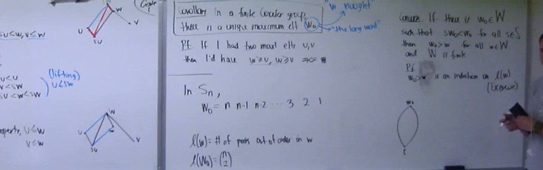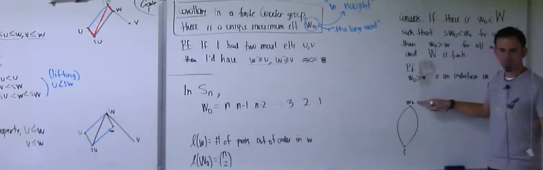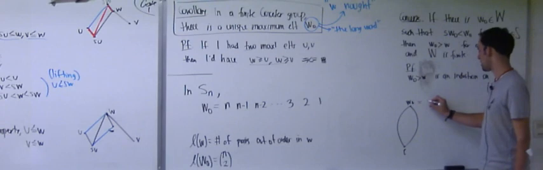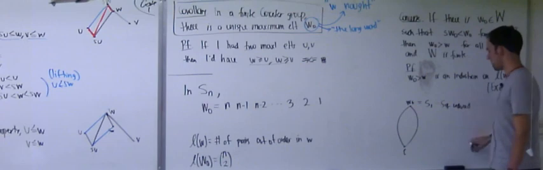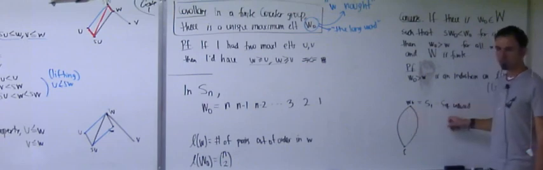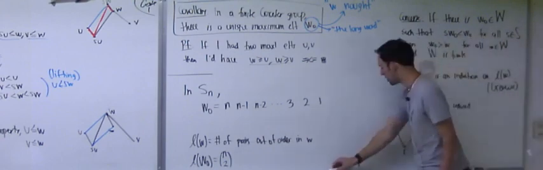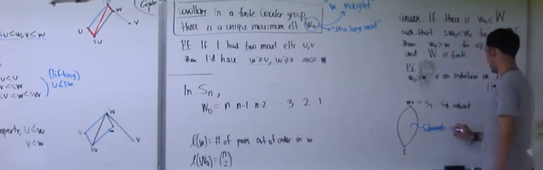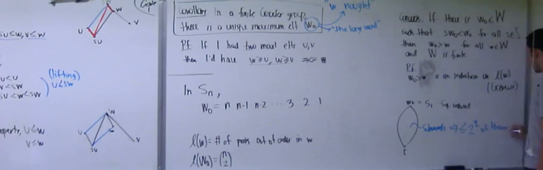There's a simple reason: if I pick a reduced word for W naught, say S1 up to Sq, then all of these elements are subwords of this. So there can only be at most 2 to the q of them. And that proves that the poset is finite.